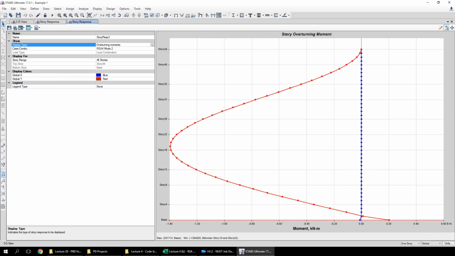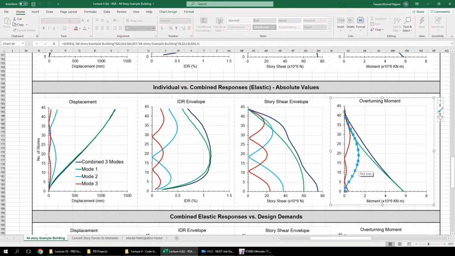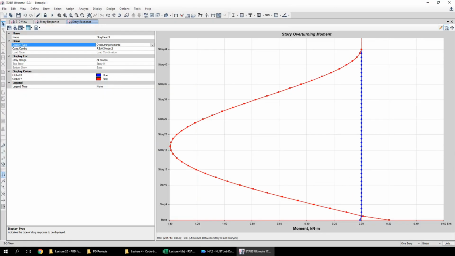So similarly, let me go to one last response, which is, let's say, the overturning moment for second mode. So this is the overturning moment for second mode, and the shape is matching with what we are getting in our Excel sheet here. Basically we are plotting here the absolute values, but in ETABS it is shown with their algebraic sign. Let's say what is the peak value?